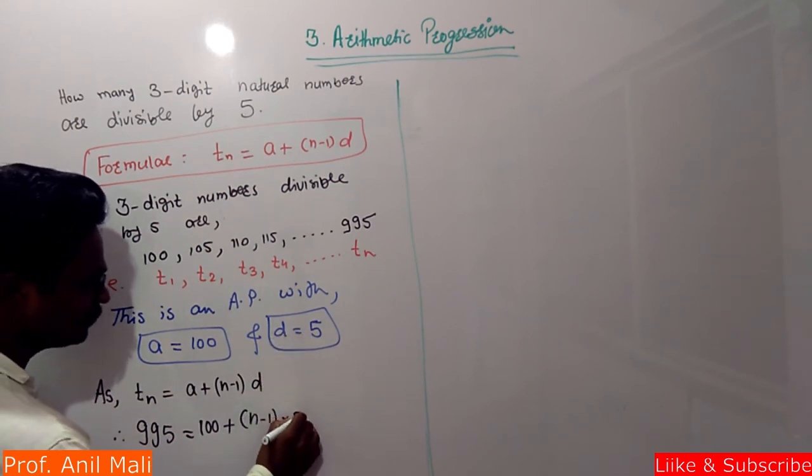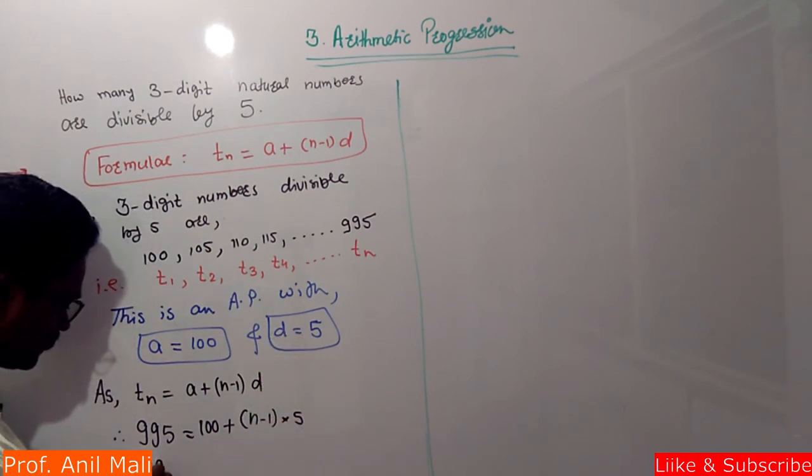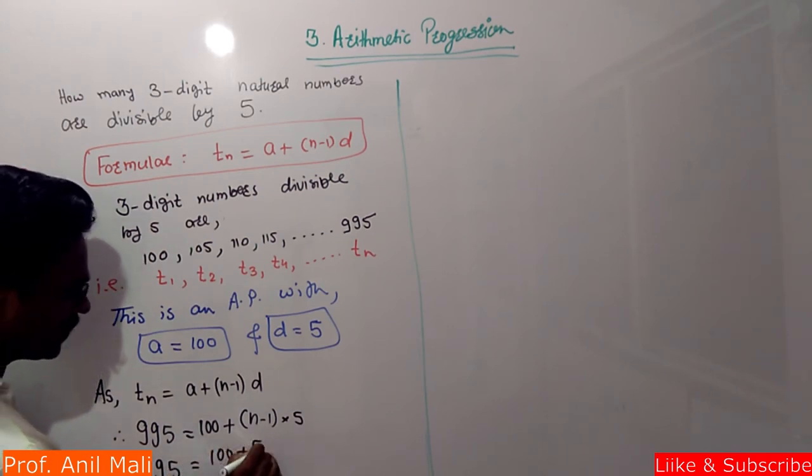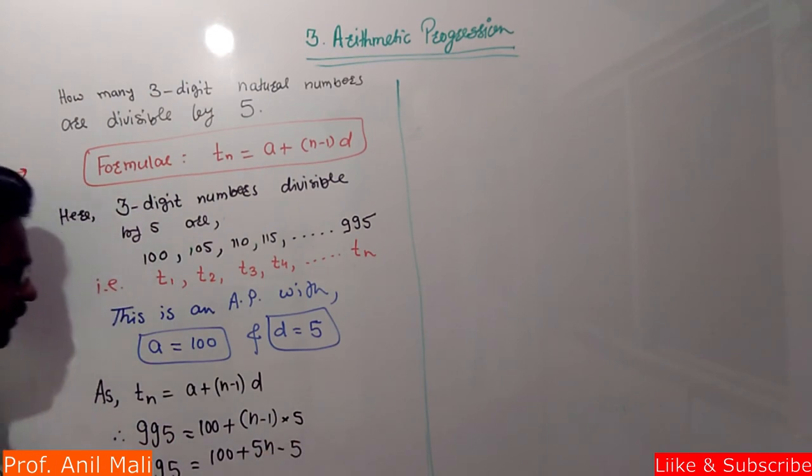D is given as 5. Therefore we can write 995 is equal to 100 plus 5n minus 5.